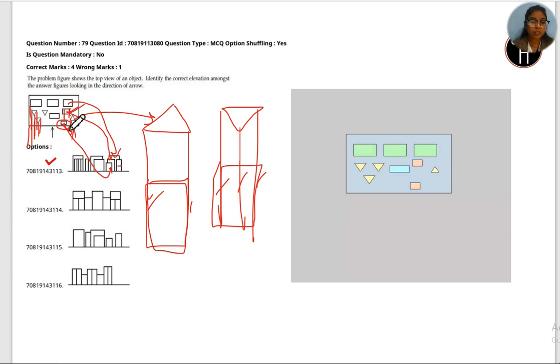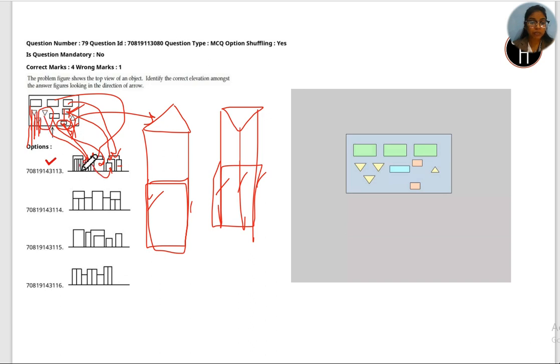Now this is the one at the back. For this triangle, you will get to see all three lines, because in front of this triangle there is nothing to hide it. Next, you have two triangles over here. So one, two, three lines, then four and five.